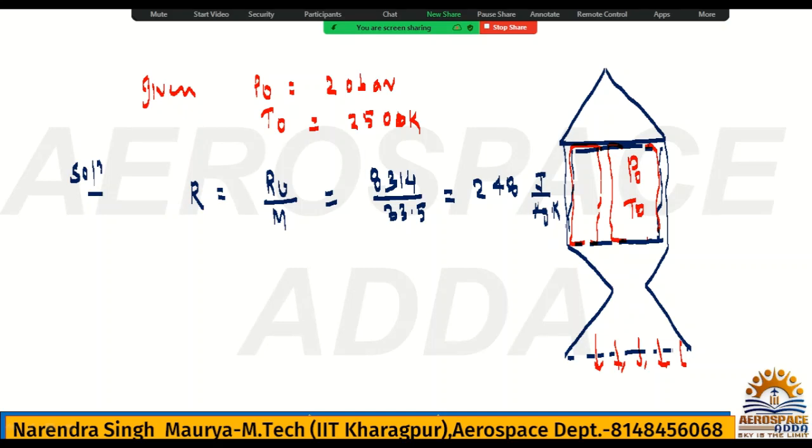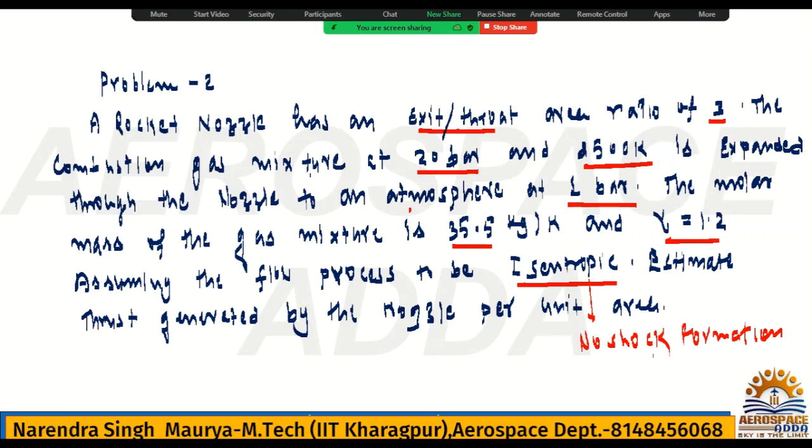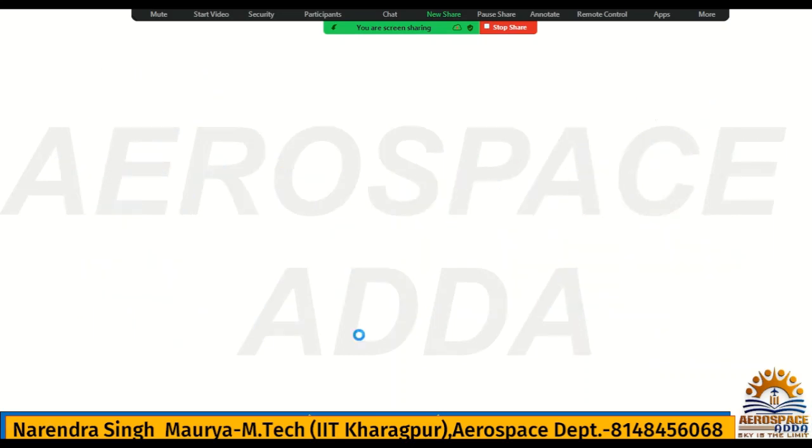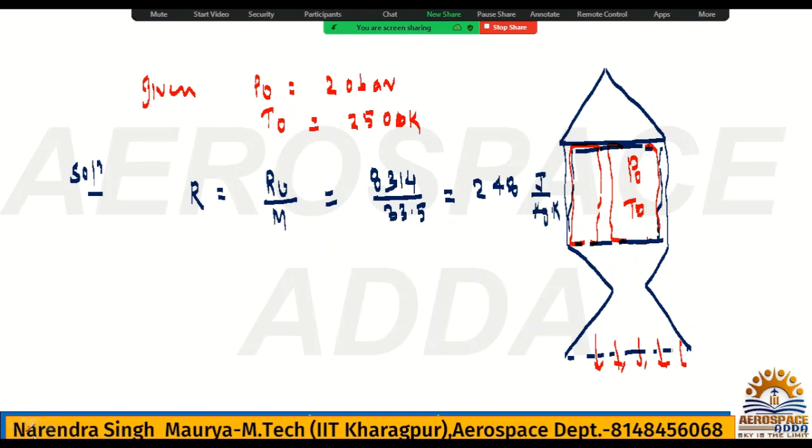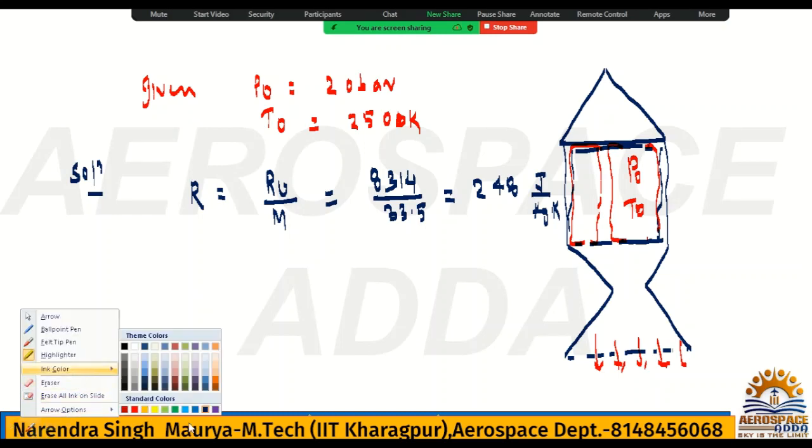What they are asking here, check in the problem, they are saying estimate the thrust generated by the nozzle. So what is the thrust equation?